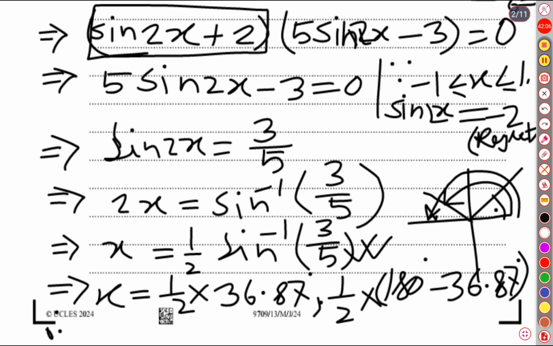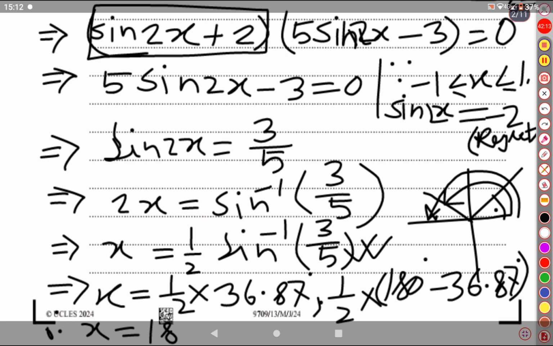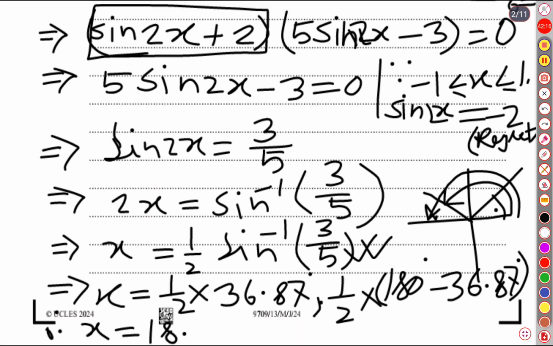We will get x is equal to 18.4 degree, and the other one is half into 180 minus 36.87, that is 71.6 degree. So that is our solution.